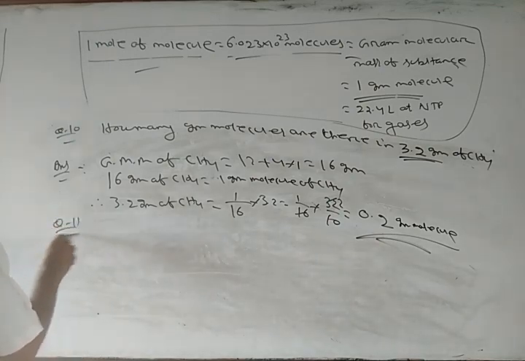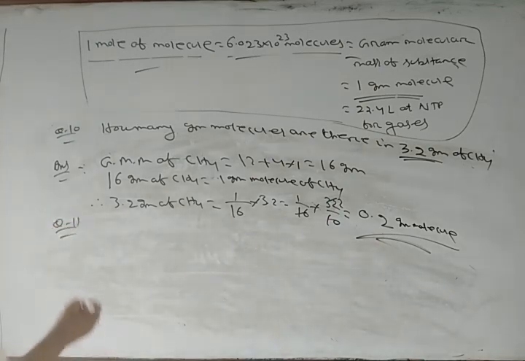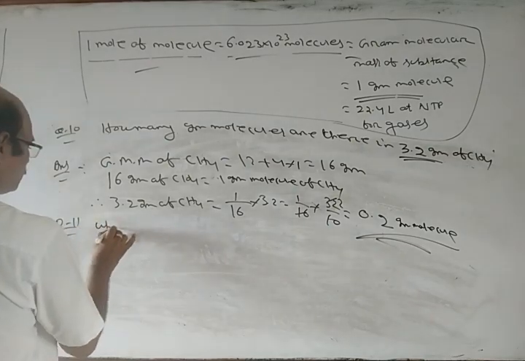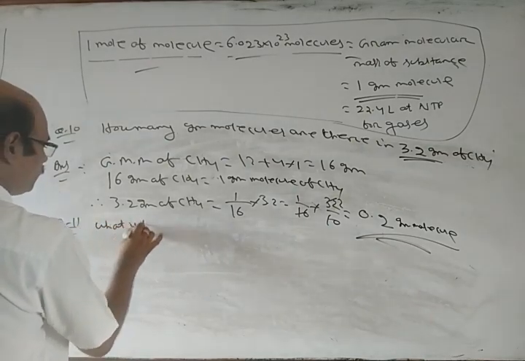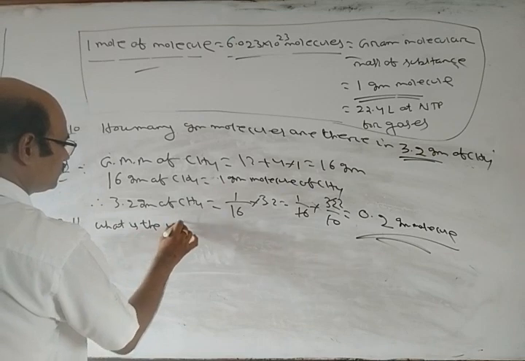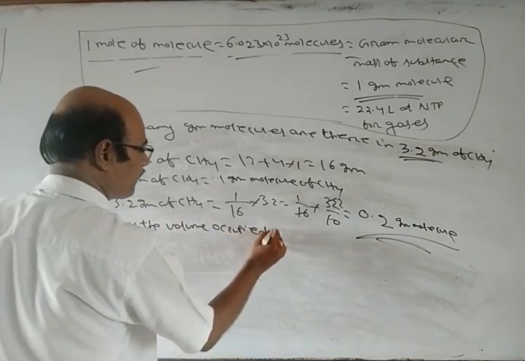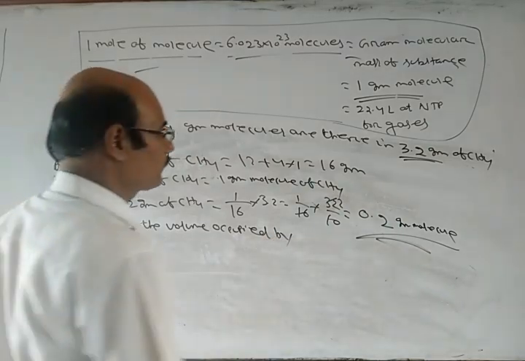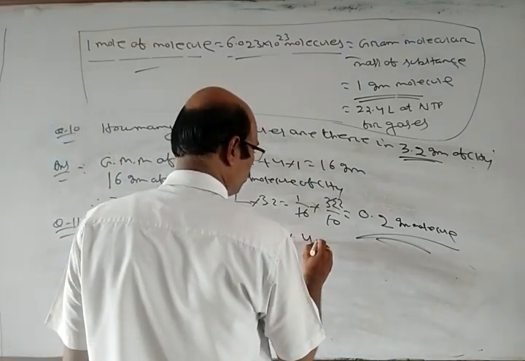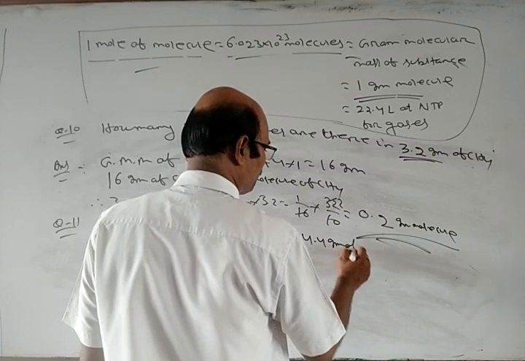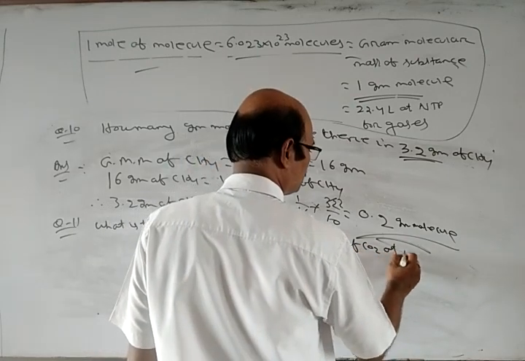Let's see question number 11. What is the volume occupied by 4.4 gram of carbon dioxide at NTP?